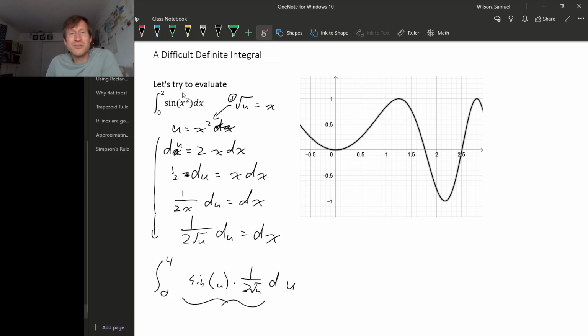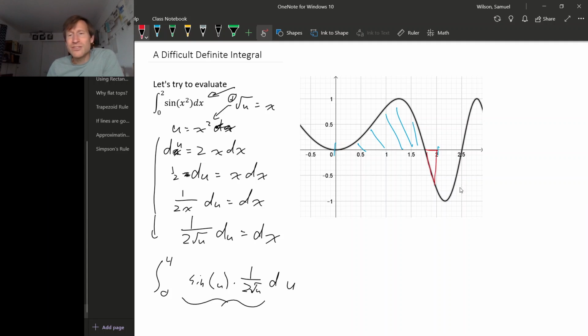So what can we do to get some handle on this definite integral? Well, we're going to have to go back to our original meaning of what a definite integral is calculating. Remember, a definite integral from 0 to 2 is the signed area between the graph and the x-axis. So it's this blue area minus this red area.